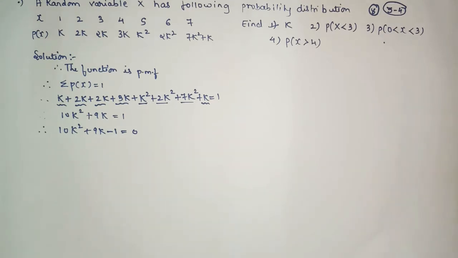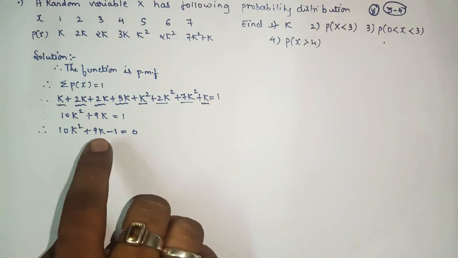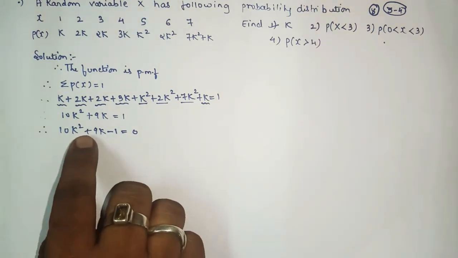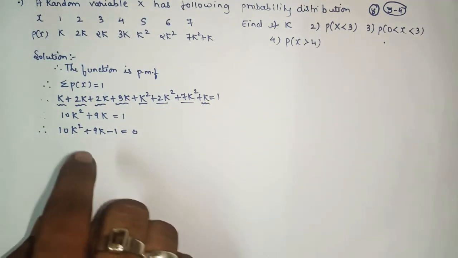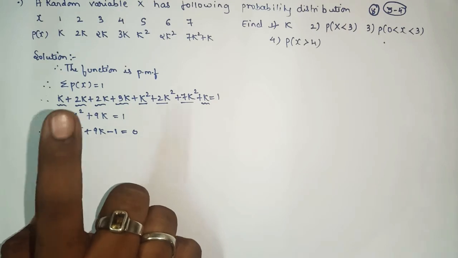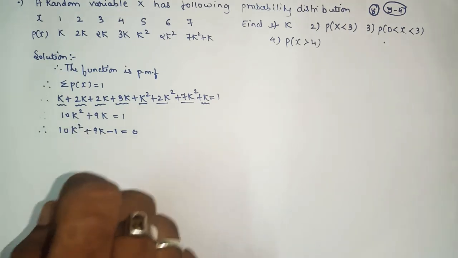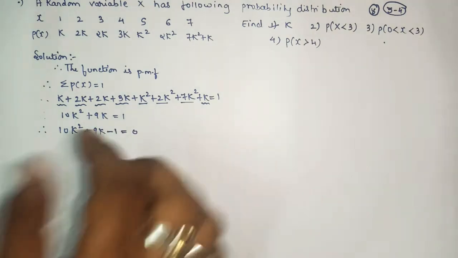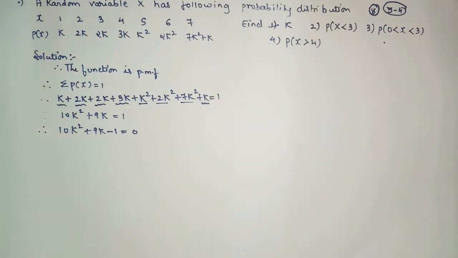Once we have an equation, when it is a linear equation, we know how to solve a linear equation in one variable, one side alphabet, one side number. Now here we have a quadratic equation. So simply what you will do is split the middle term and use the factorization method to get the answer for k.